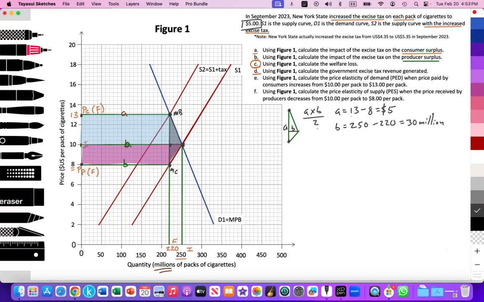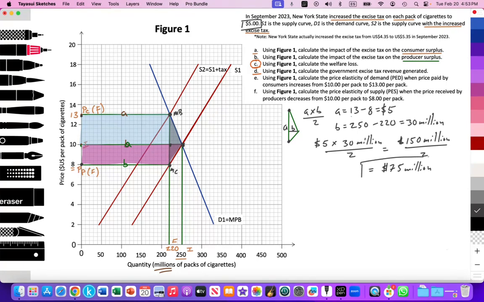So $5 times 30 million divided by 2, because it's a triangle, not a rectangle, and that will give us the answer. That works out to 150 million. Divide that by 2, and we get a final answer of 75 million.